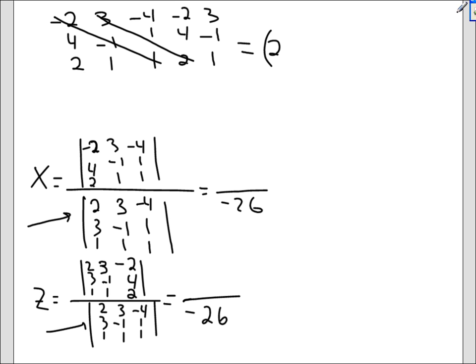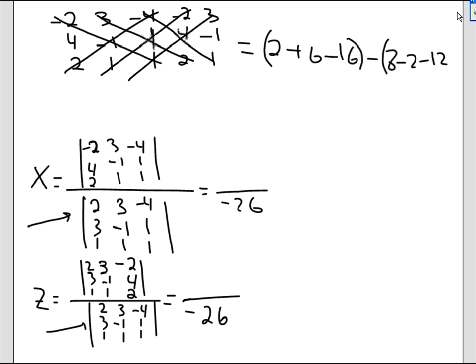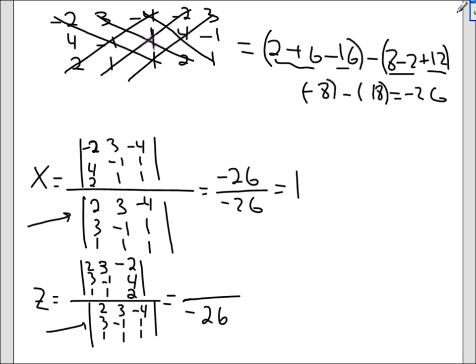You multiply, there's a 1 there, you get 6. You multiply, you get negative 16. Minus, you multiply, you get 8. You multiply, you get negative 2. And then you multiply, and you get positive 12. 8 minus 16 is negative 8. Minus 6 plus 12 is 18. And negative 26. Negative 26, you divide the same two numbers, you get 1.